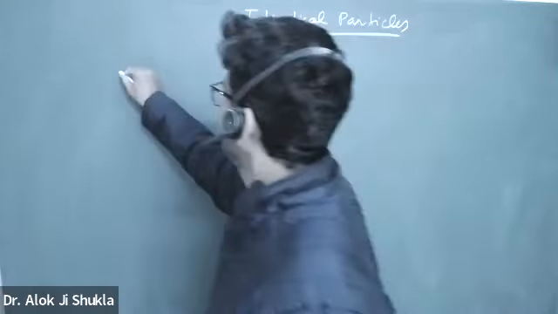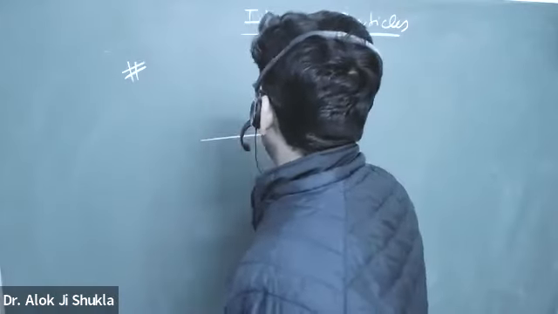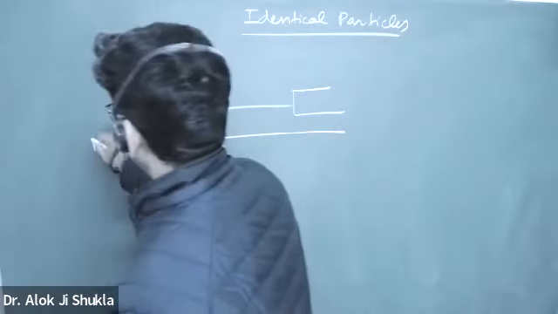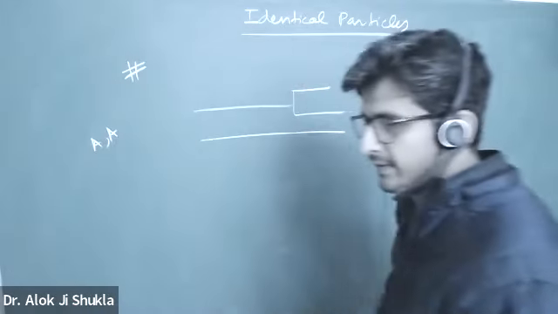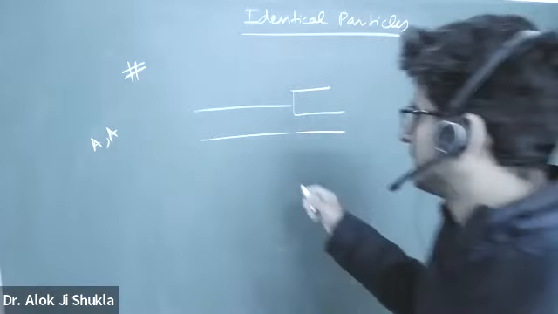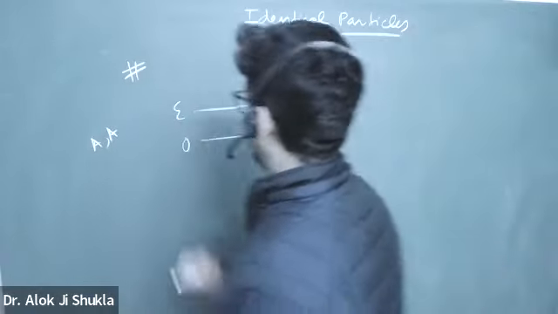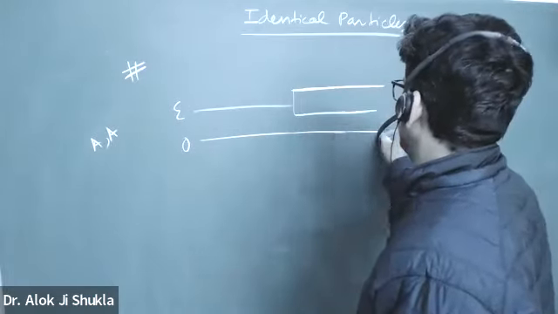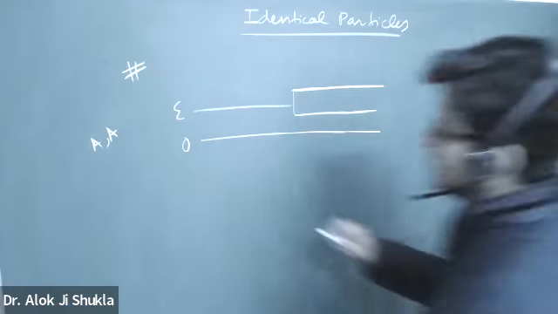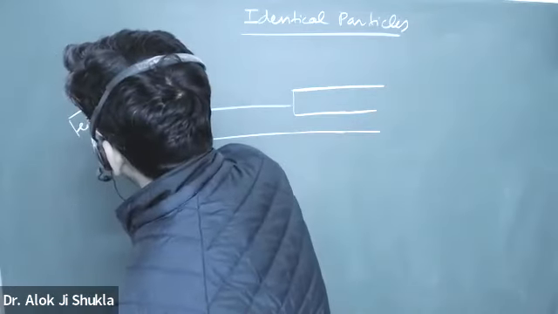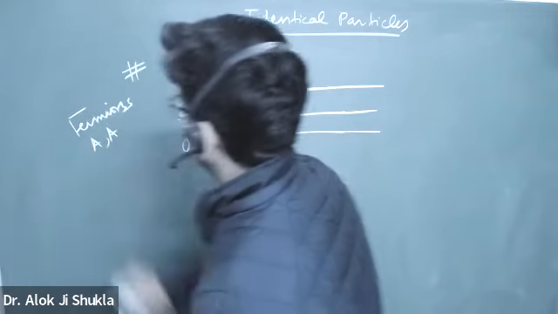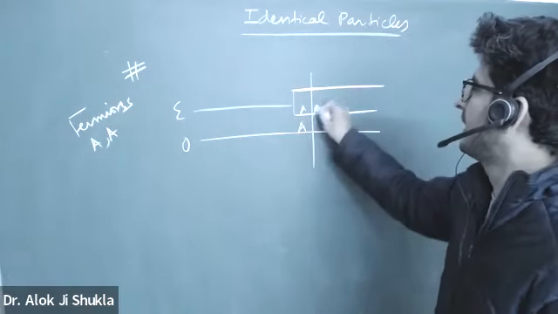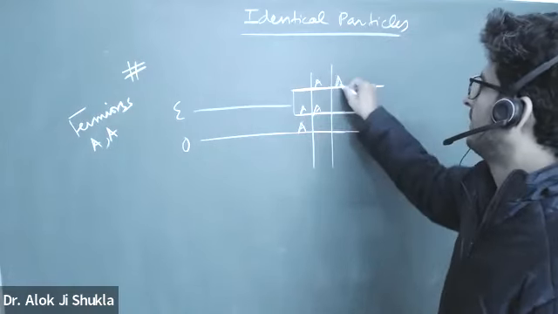Suppose these are the energy levels and 2 fermions are given, and we have to write the partition function. This is energy 0, this is E. Please watch carefully. These are fermions, so they can be arranged like this, like this, and like this.